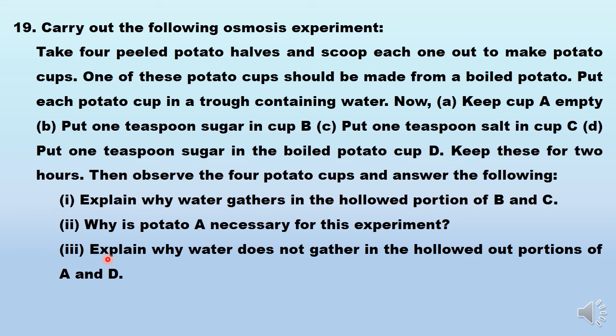And dead cells do not exhibit the process of osmosis. So that is why if the cells of the boiled potato cup are dead, they will not perform the function of the selectively permeable nature of the plasma membrane, and that is why the water will not even enter the boiled potato.